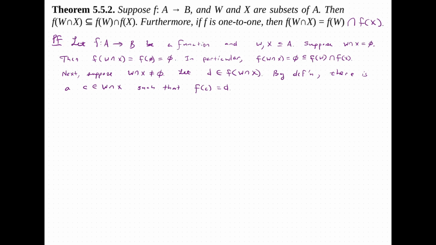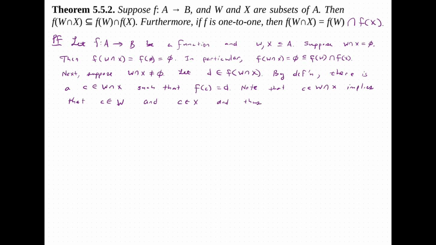But now, f of c is going to live in f of W, because c is in W intersect X. So now note that c being in the intersection of W and X implies that c, of course, is in W and c is in X, and this is just by definition of intersection.